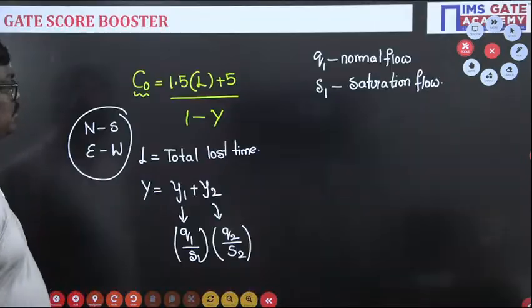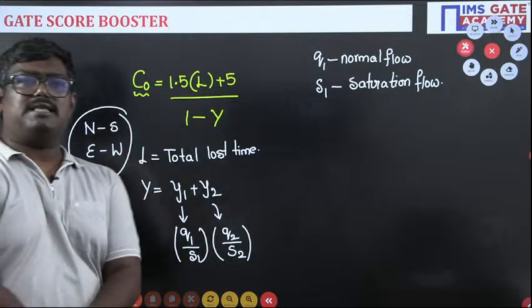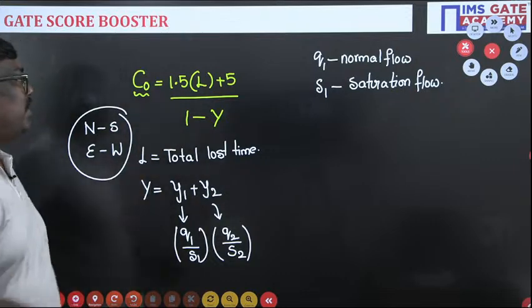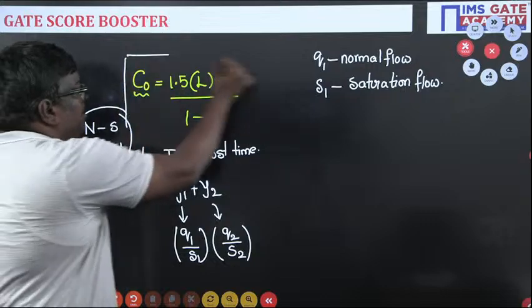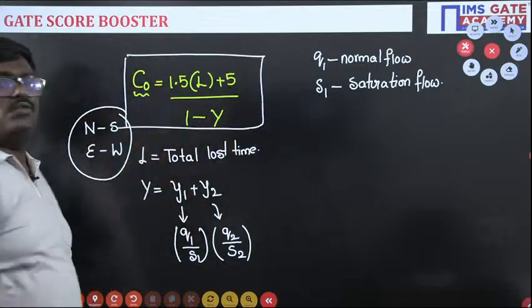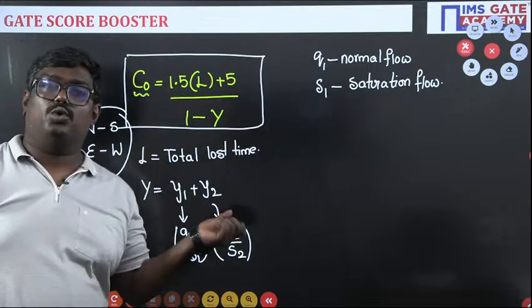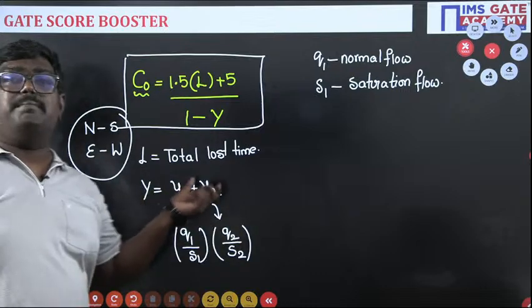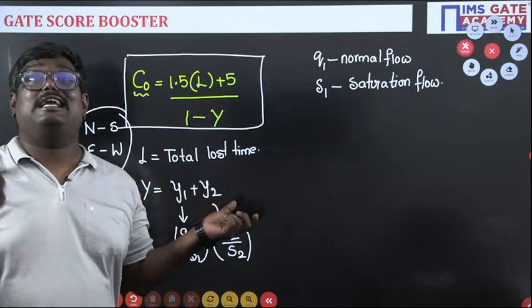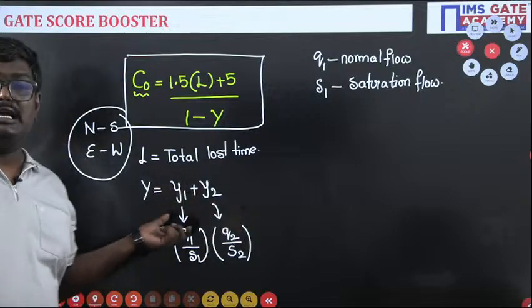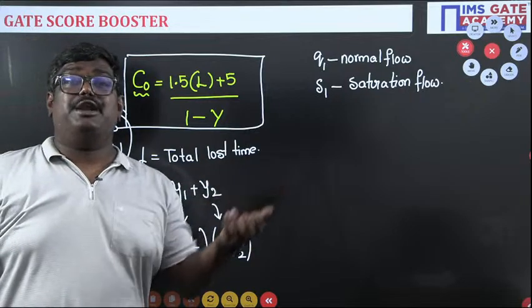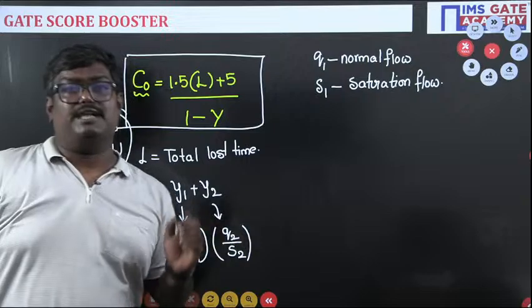Now let me tell you what the optimum cycle time is. It is given by the formula (1.5 L + 5) upon (1 − Y), where L indicates the total lost time and Y is the summation of the critical lane ratios. The critical lane ratio is the ratio of normal flow to saturation flow.